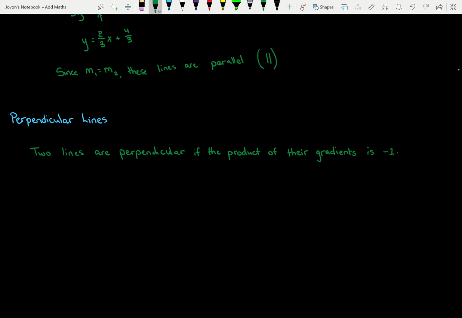Therefore, if perpendicular, m1 multiplied by m2 is equal to -1. And if two lines are perpendicular, we normally represent them by this symbol. You'll normally remember this symbol from a triangle. If you have a right angle triangle, you normally see the symbol here. This is how we represent two perpendicular lines.